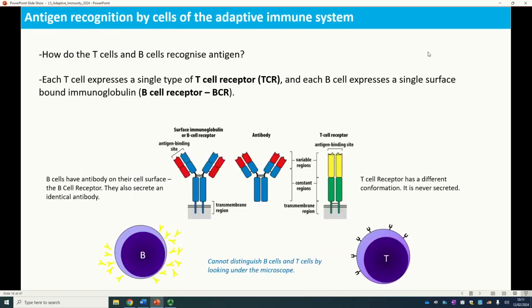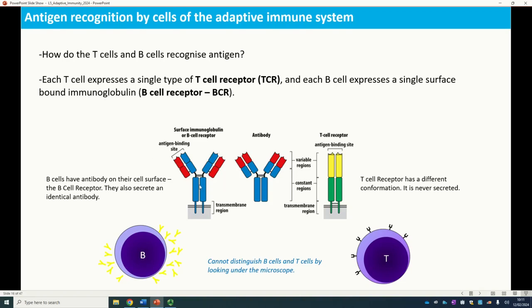As I mentioned, antigen is recognized by the antigen receptor, and we have antigen receptors on our B and our T cells. On the T cell, we have a specific receptor called the T cell receptor, or the TCR, whereas on the B cell, we have the B cell receptor, abbreviated to BCR. That's just showing them in these two diagrams here.